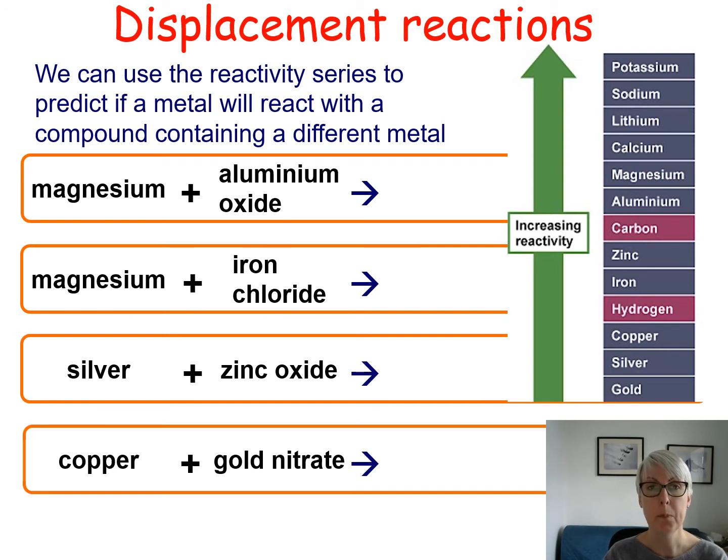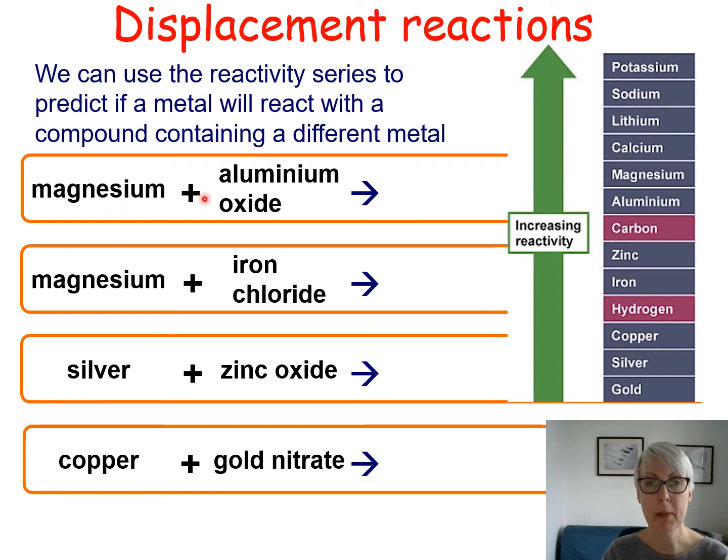Okay, so we can use the reactivity series to predict if a metal will react with a compound containing a different metal. I've got some possible reactions over here, and what we're going to do is have a look to see if any reaction will happen with these combinations.